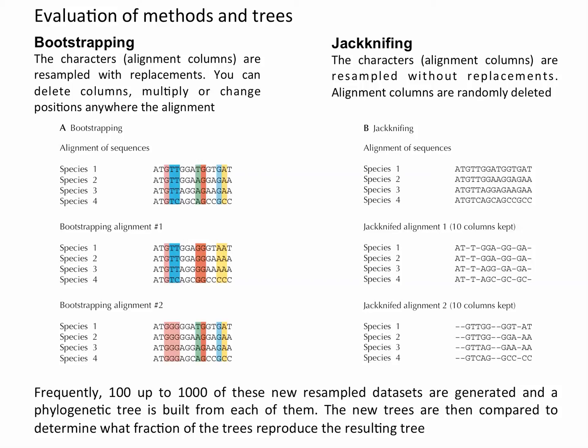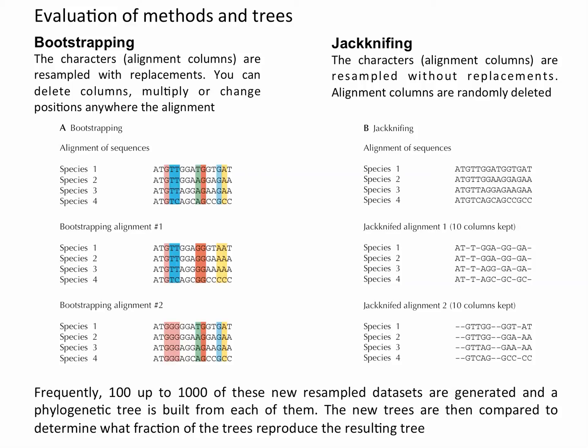In the case of bootstrapping, the characters, the alignment columns, are resampled with replacement. You can delete columns, multiply them, or change positions anywhere in the alignment, and then recalculate the trees with the new data and compute the fraction of the new trees that reproduce the resulting tree.